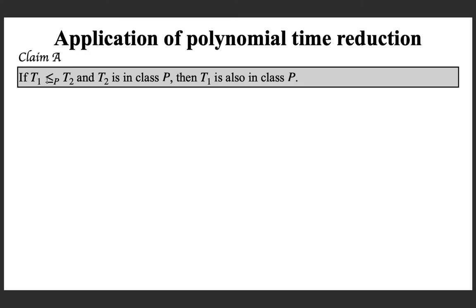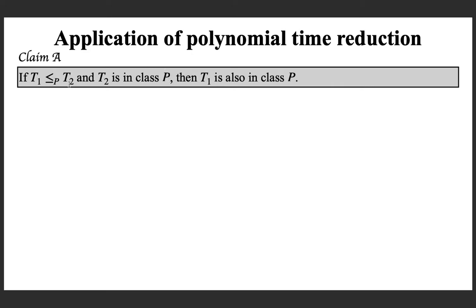And suppose T1 is polynomial time reducible to T2 and T2 is in the class P, then we can prove that T1 is also in the class P. If we can prove this, then polynomial time reduction is helping us in identifying the complexity class of T1 as P, when T1 is polynomial time reducible to T2 and T2 is in class P.